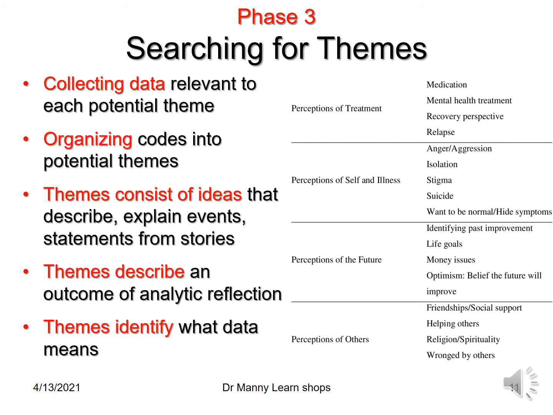Qualitative research is about storytelling. If you're not a good storyteller, maybe qualitative research isn't for you. Themes describe an outcome of an analytic reflection. That's you, your analysis. The themes identify what the data means to you as the researcher.